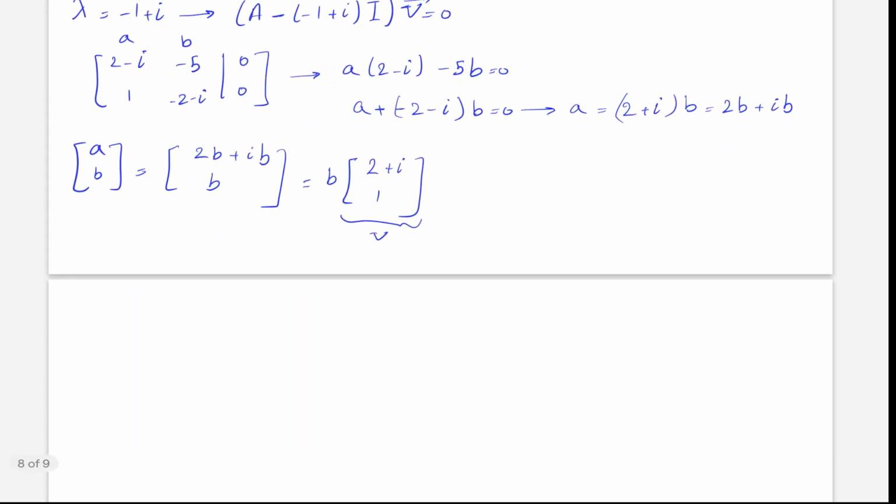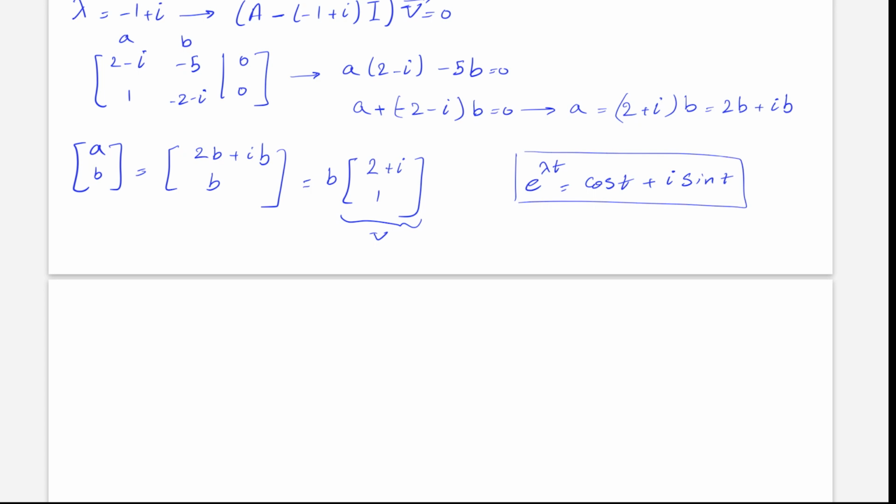So let's remind ourselves of Euler's identity: e to the i t equals cosine t plus i sine t. This is a very important formula that we're going to use.